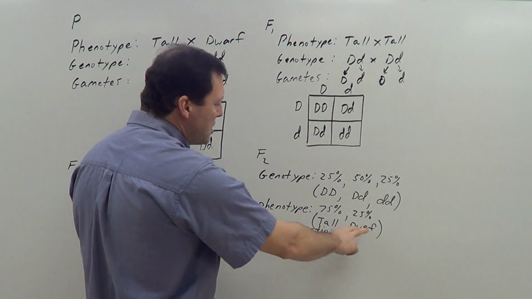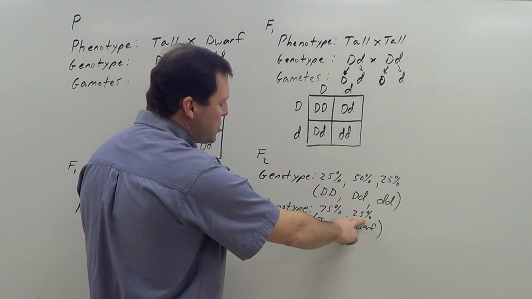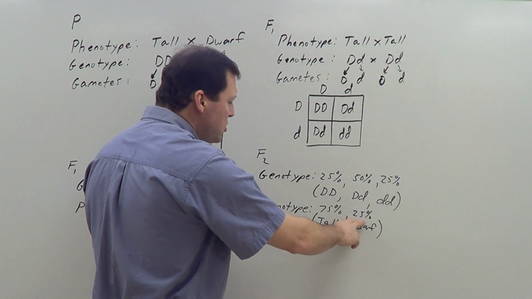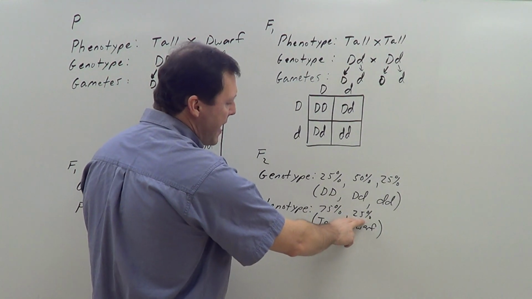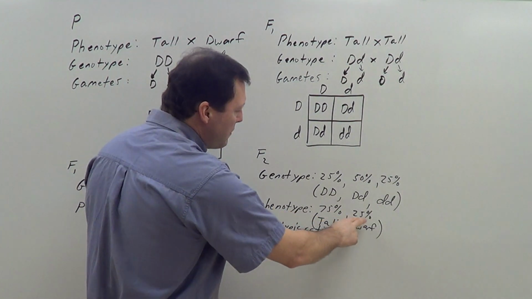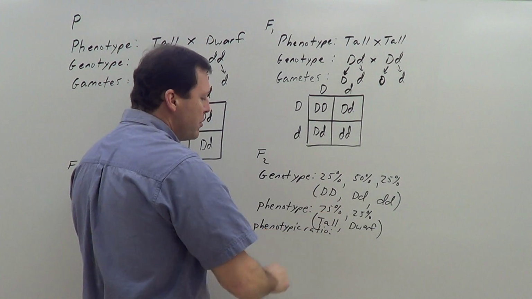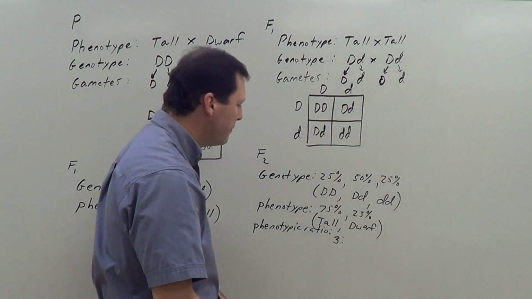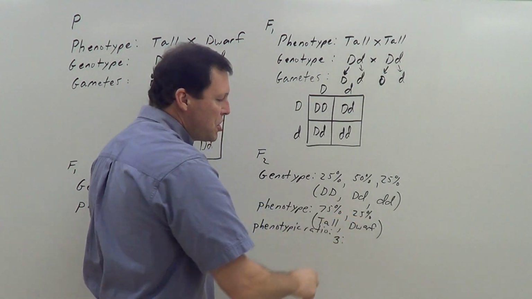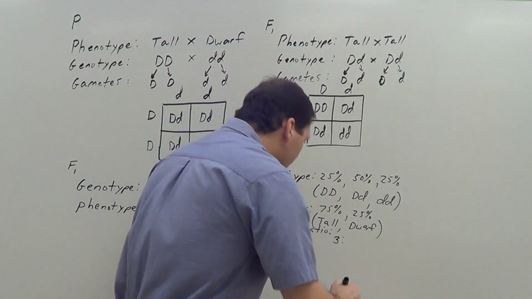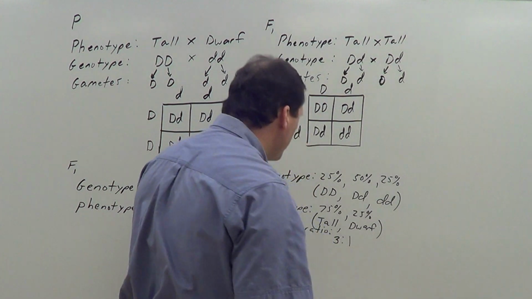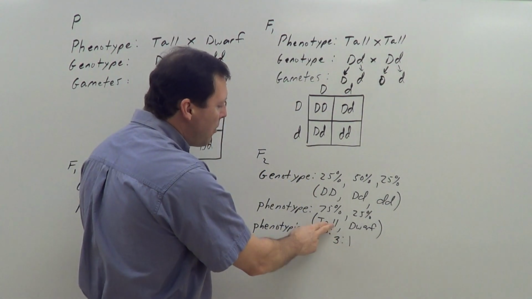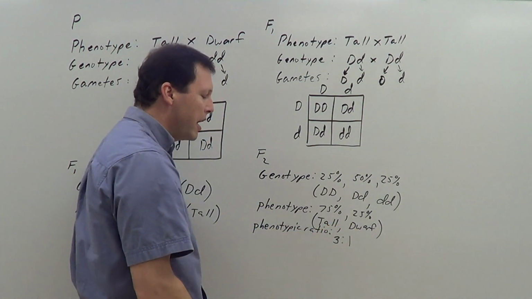What I'm going to do is take the 25%, the smallest number, and divide it into the largest, and then divide it into itself. So 25% goes into 75% 3 times, colon, and then 25% goes into itself once. So my phenotypic ratio is 3 to 1. That means I've got 3 tall plants for every 1 dwarf plant.